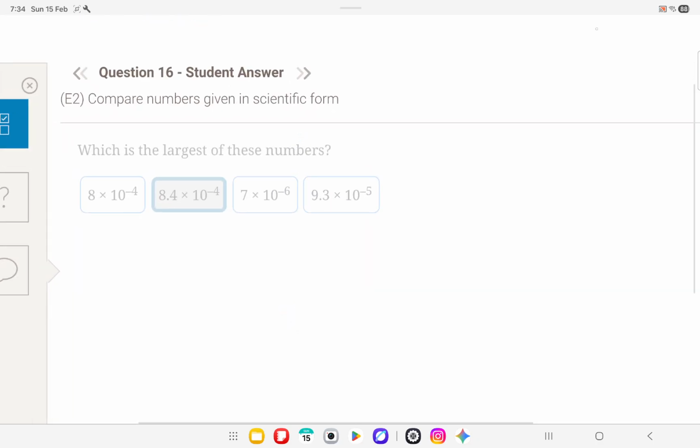So which is the largest of these numbers? We just do, first, the largest means the smallest negative number, which is -4 and -4. So now how do we check which one is bigger? We do 8 and 8.4.